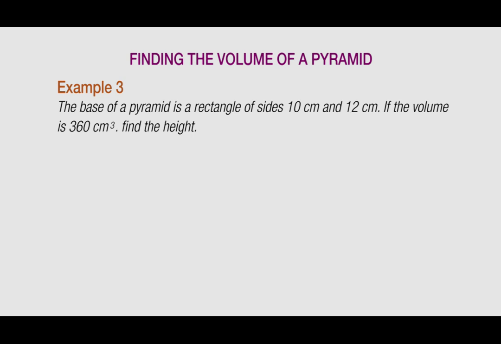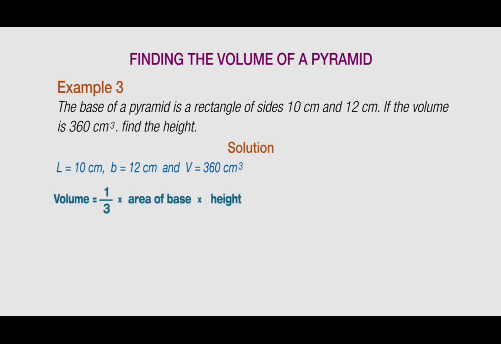Our solution. We have the length to be 10 centimeters, the breadth 12 centimeters, and this time we have been given the volume, which is 360 centimeters cubed. We know that the volume of a pyramid is given by V equals 1/3 multiplied by the area of base multiplied by the height.